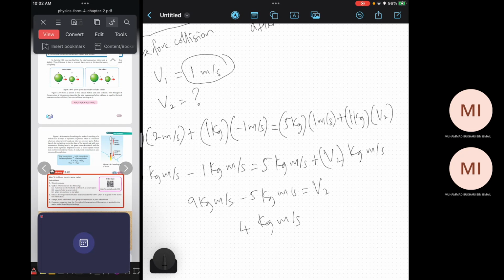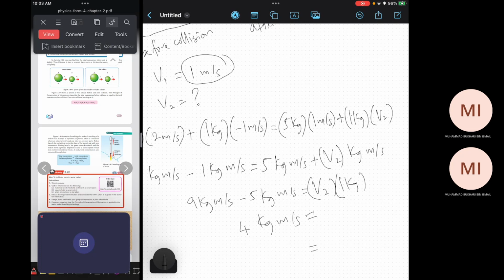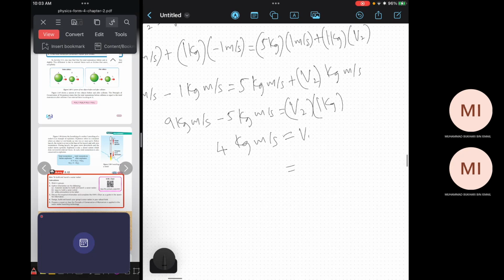Okay, jadi yang ni, ini multiply by 1 kilogram tu tak? Yang bermula tadi tu. So kita turunkanlah 1 kilogram tu. So kita dapat V2 sama dengan 4 bahagi dengan 1 kilogram. Ini kilogram meter per second. So you can cancel kilogram. So you get V2 sama dengan 4 meter per second.